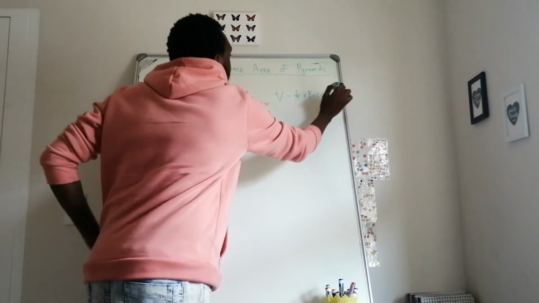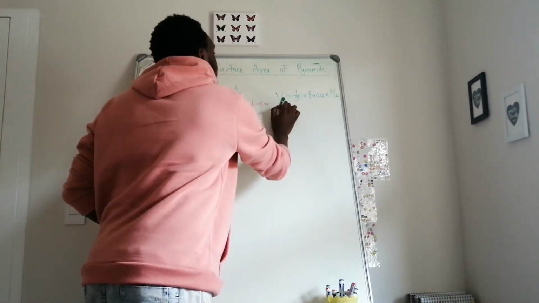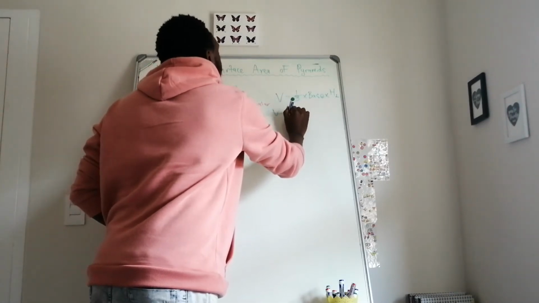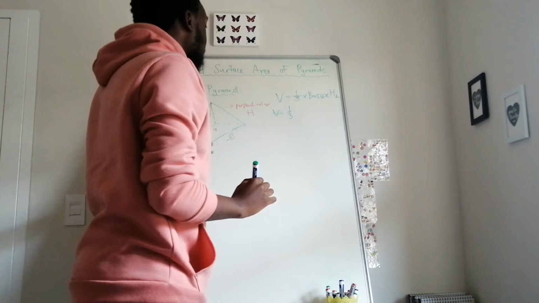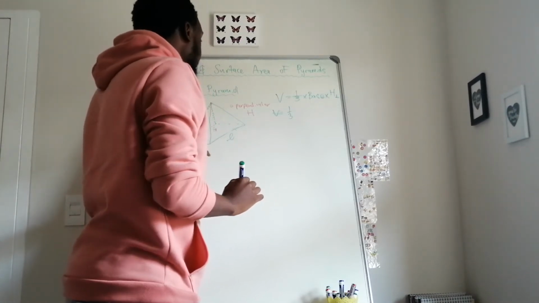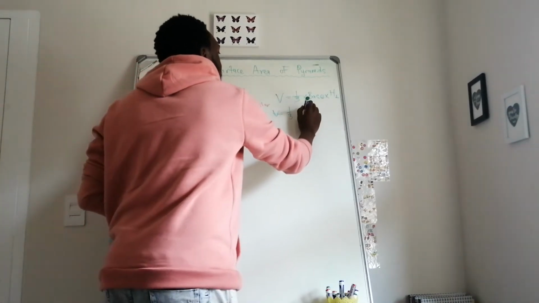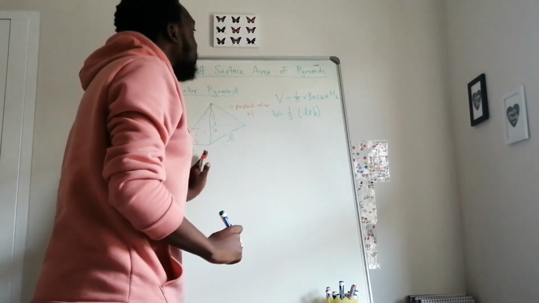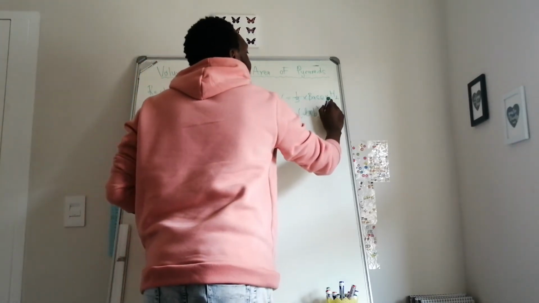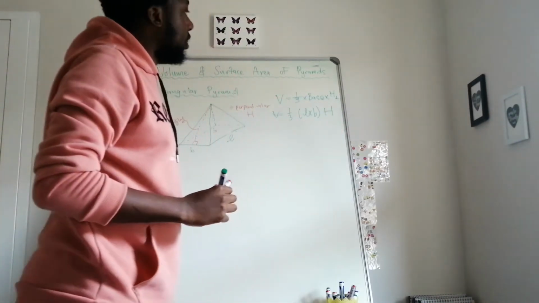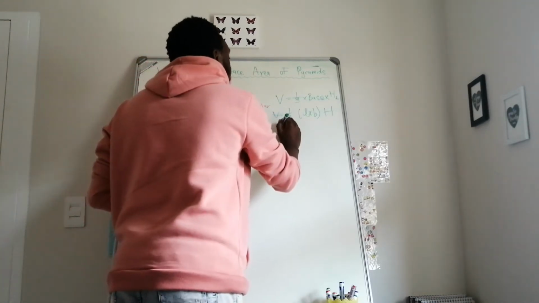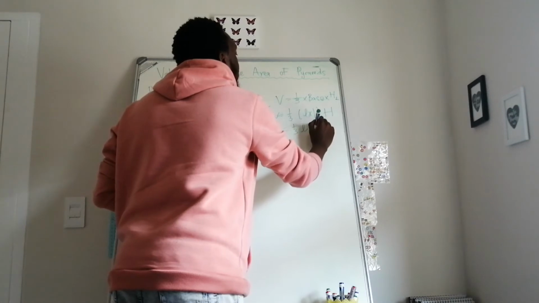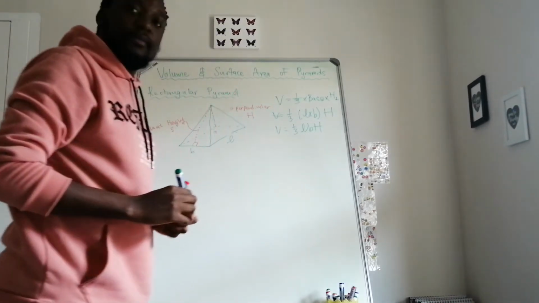Here the base is just a rectangle, so the area of the base is length times breadth, and the perpendicular height is the big H. So if I rewrite that, V is equal to a third length multiplied by breadth multiplied by height.